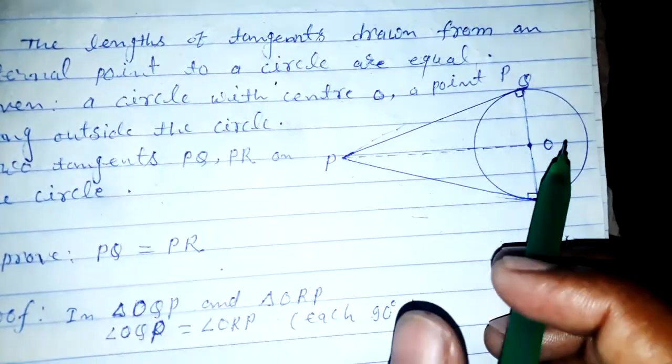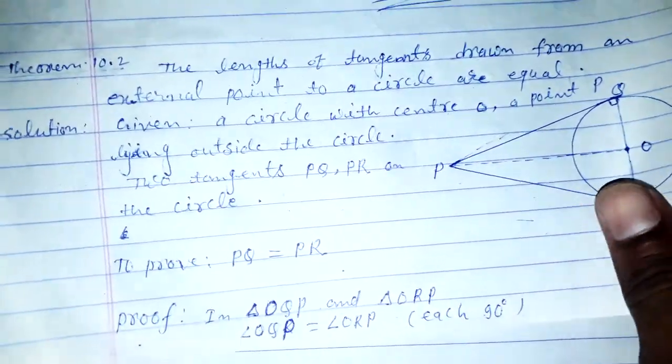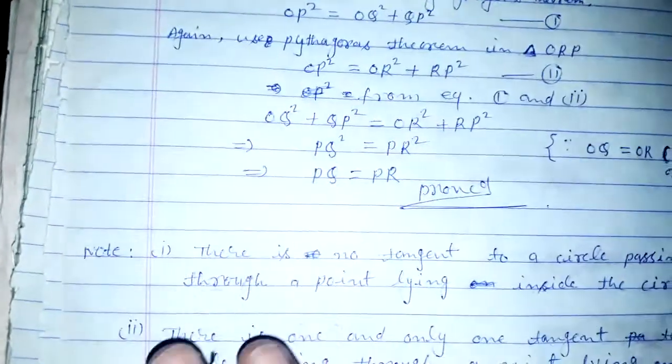Again, OQ is equal to OR, because these are radii of the circle.